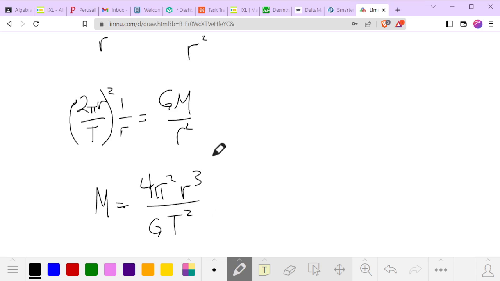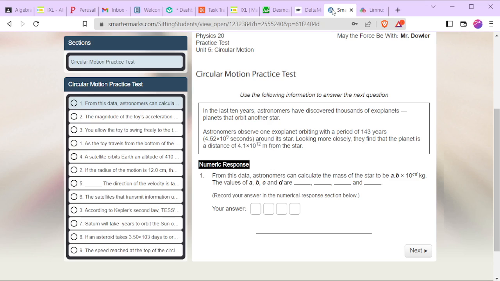So 4 times pi squared, our radius in this case is 4.1 times 10 to the 12, and that'll be cubed. I'll change the way I enter that in the calculator because I'm not sure if it's going to keep the 12 or the whole number.